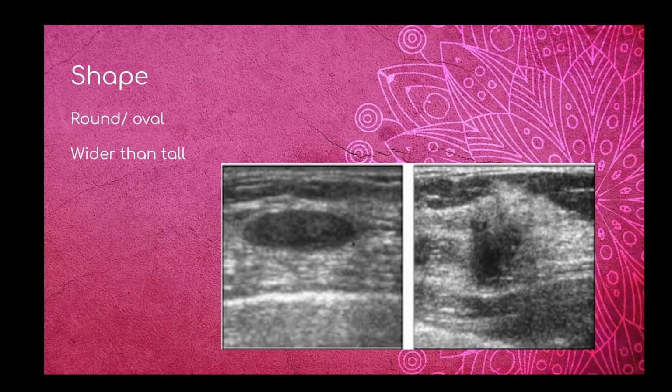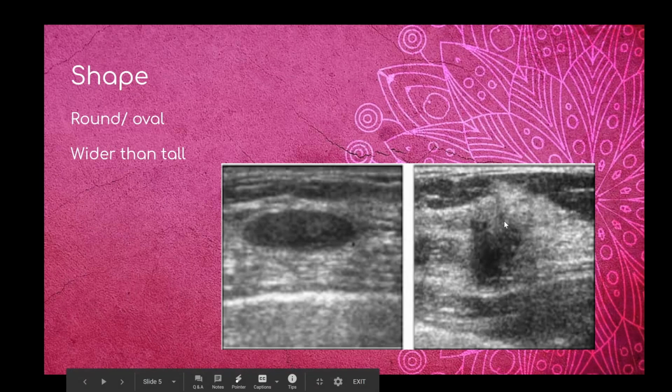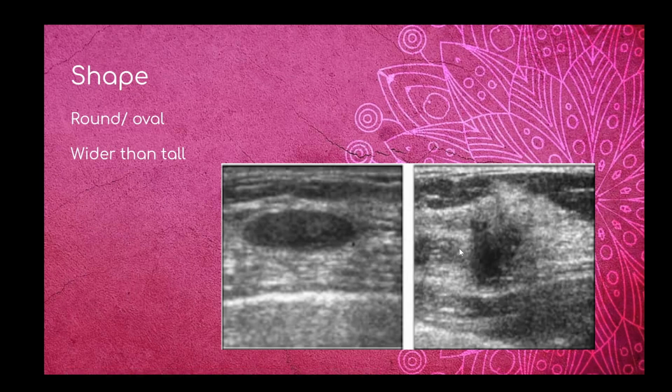If the structure is parallel, goes with the tissue that it is residing in, it's most likely benign. When you have a structure that is invading cross-fascial planes, invading through tissue, that's most likely going to be malignant. All right? This wider than tall, taller than wide concept is a key one for understanding breast pathology.